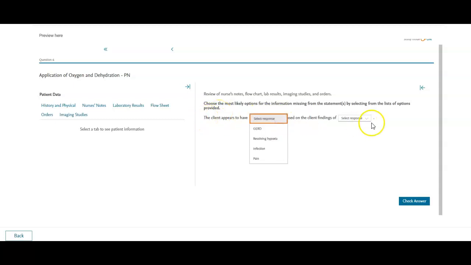And then this is a drop down. Now on these questions, they must be related in order to get points for this question.